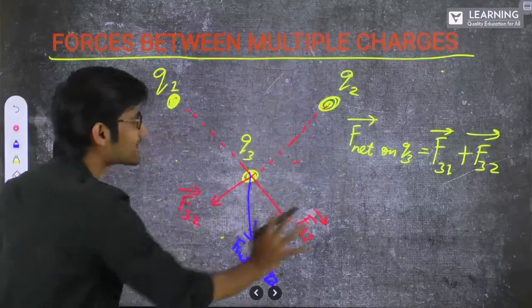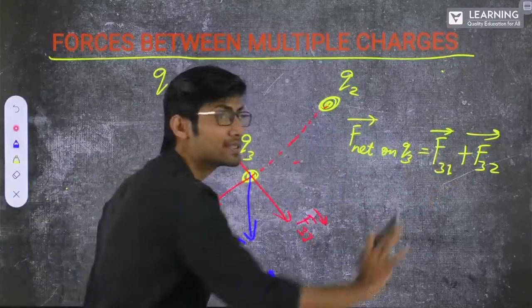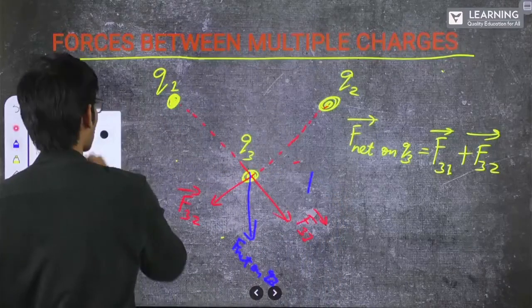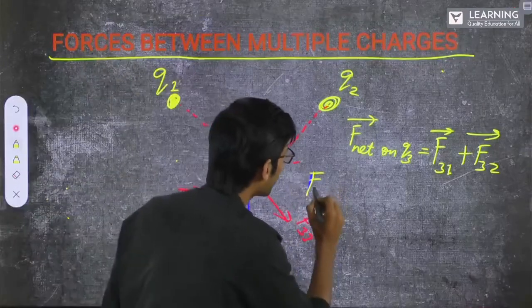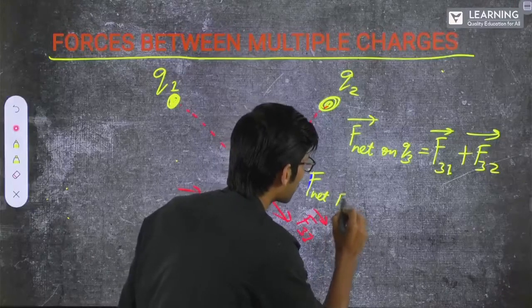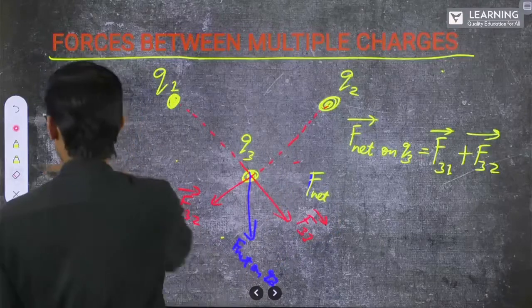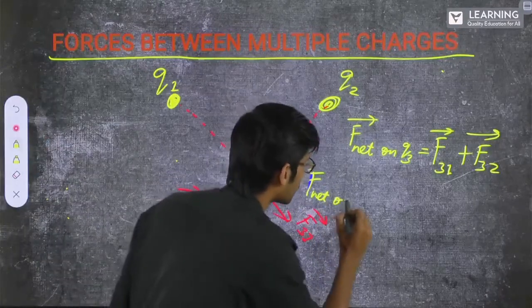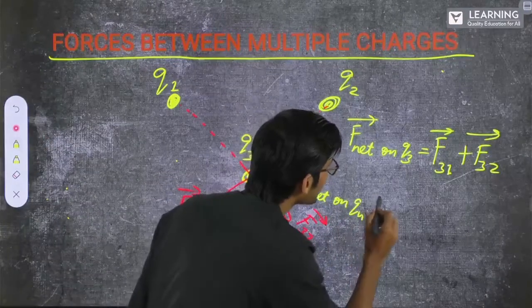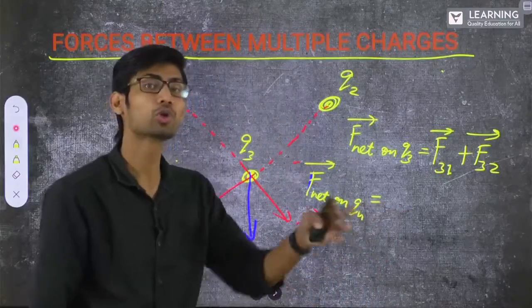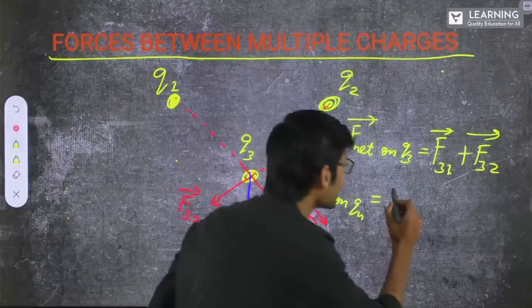Now suppose there are n charges. So if I generalize this and write the net force, F net on Qn. Now suppose n number of charges are kept here. I have to find the force on the nth charge due to all other charges. How much will this be?